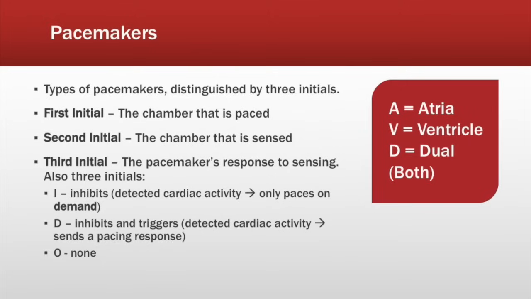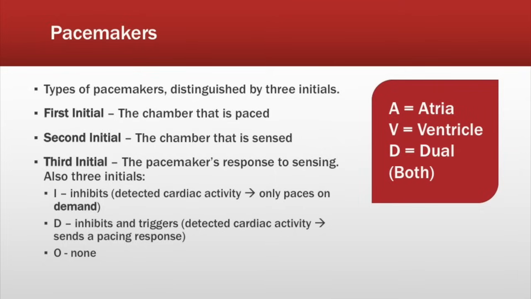So if there's any cardiac activity and it's higher or at the same rate as what the pacer would do, then it's going to inhibit itself from pacing. But again, if it's lower based on the sensing, then it's going to go ahead and be demanded, so then it's going to pace.